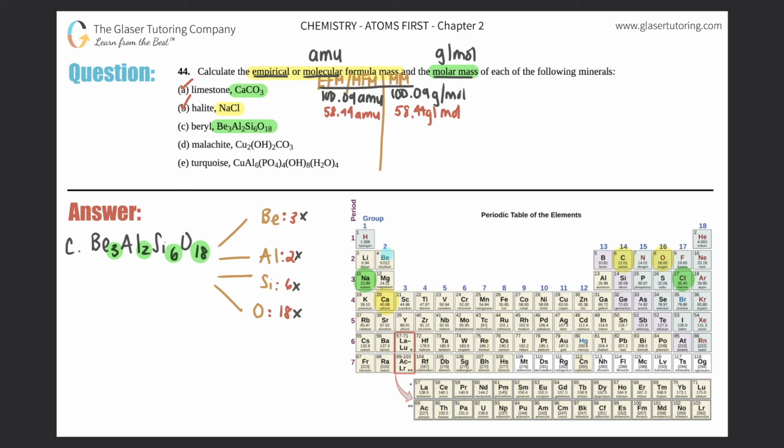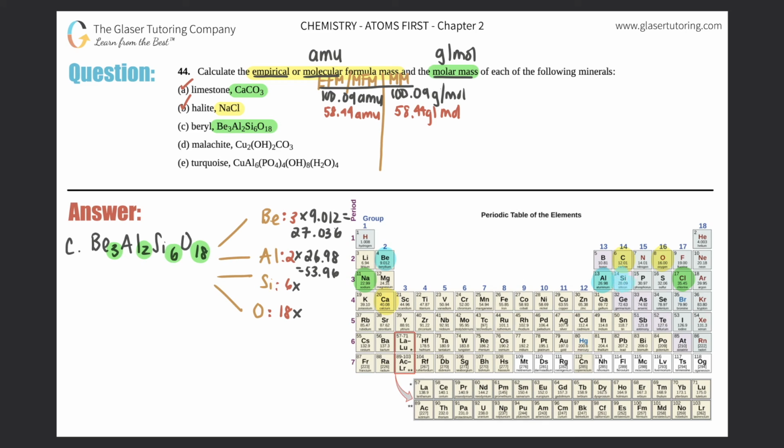Beryllium is right here, 9.012. So 3 times 9.012, you get 27.036. Aluminum is over here, which is 26.98. So 2 times 26.98, you get 53.96.